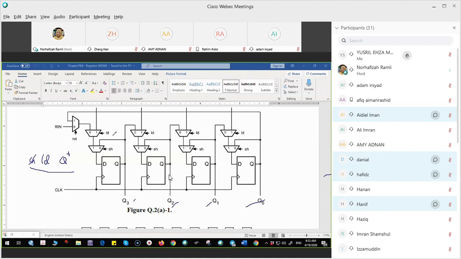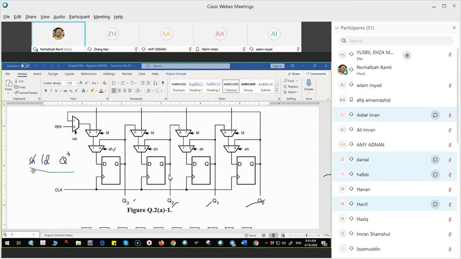So let's say, for example, the priority is this SH, right? Because if the SH is 0, but the load, isn't it? It will immediately take from this input, which means no change, right? If this is active low, is it?